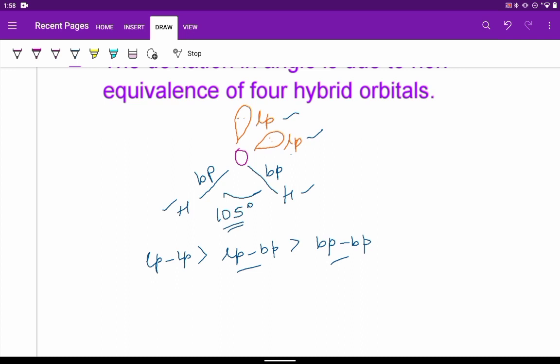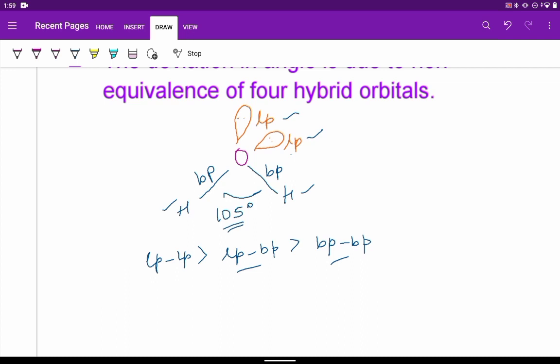This deviation in bond angle in ammonia and water from the regular normal tetrahedral value, which we actually get in methane, can be explained on the basis of valence shell electron pair repulsion theory, VSEPR theory, according to which for the maximum stability of a molecule, the valence electrons should be at a maximum distance from each other because of mutual repulsion.